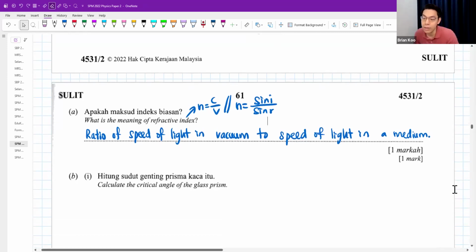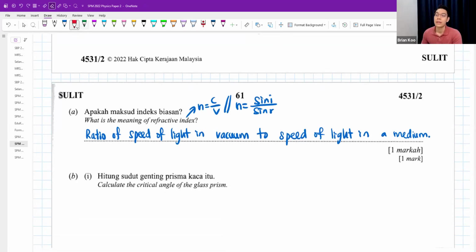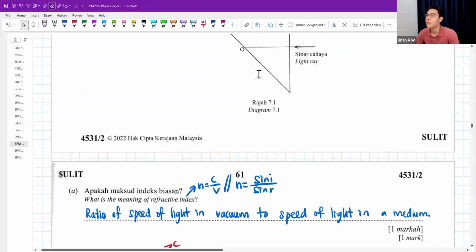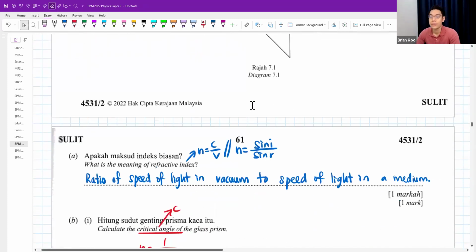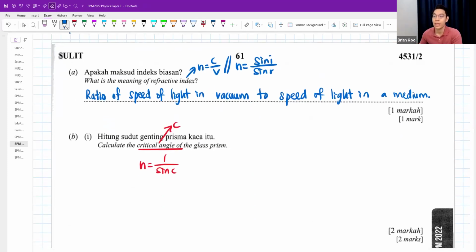Calculate the critical angle of the glass prism. They ask you for the C value, and there is a formula that has this. This formula is also given. The n value you already know is 1.49. So you just sub in 1.49 equals 1 over sine C. You multiply by sine C, then divide by 1.49, so sine C equals 1 over 1.49.